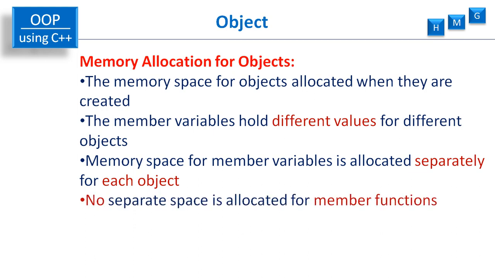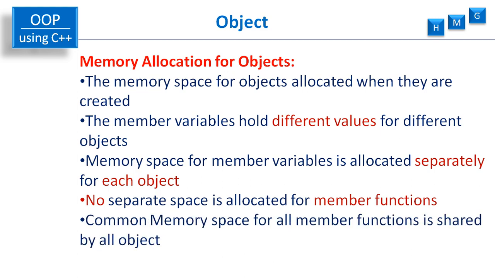Now for members, that is the variables, the memory space is allocated separately, but for member functions separate memory space is not allocated for the objects. The common memory space is shared by all objects for the member functions.